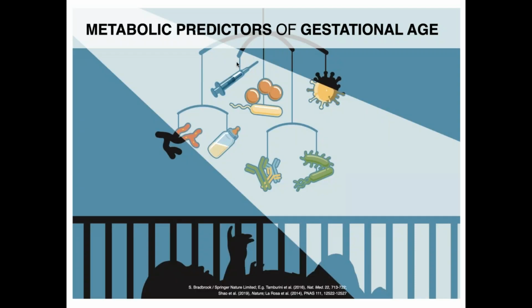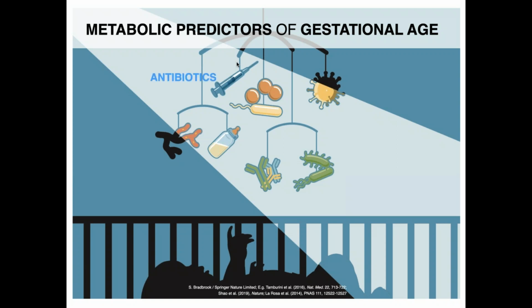And so summarizing, this study allowed us to pinpoint several metabolites that are significantly related to gestational age or to prematurity, and allowed us to create a hypothesis that we now can test in future more elaborate studies.